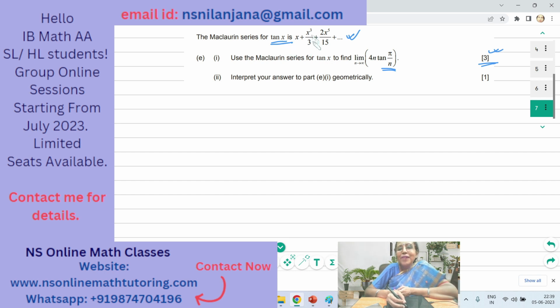Tan x is x plus x cube over 3 plus 2 times x to the power of 5 over 15 plus dot dot dot, and we need tan pi by n. So what will we be doing? We will be substituting pi by n in place of x. Okay, simple. So let me just write the whole thing. Limit n tends to infinity 4n, and then the first term is x, so it will be pi over n.